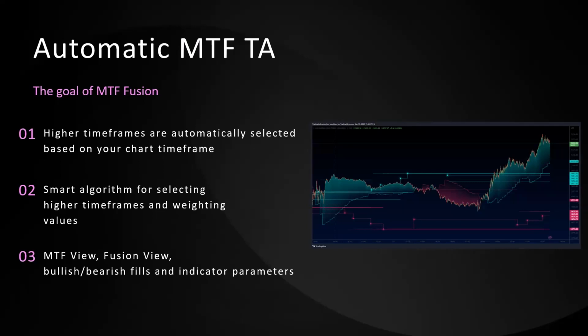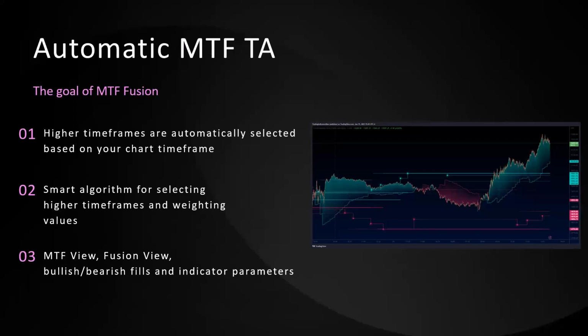Whatever chart you apply it on, 5 minute, 1 minute, 30 second, 2 hour, it's going to automatically select 4 or more higher time frames and take levels and calculations from them, and not only display the readings from the multiple higher time frames, but also allow you to display just the fused results, which is where the word fusion comes from.